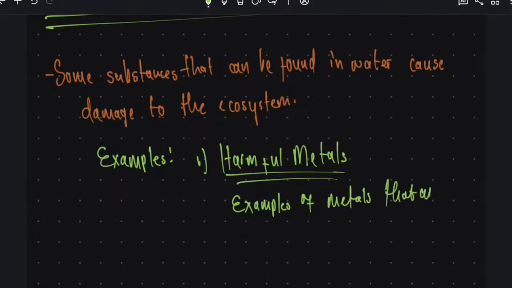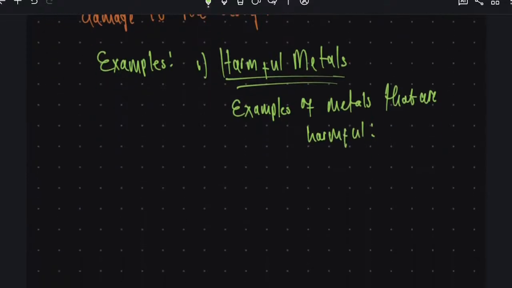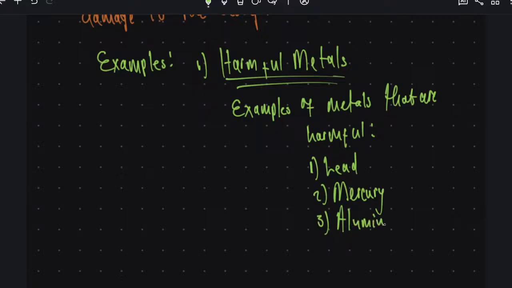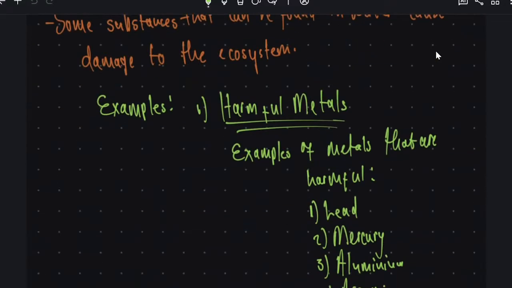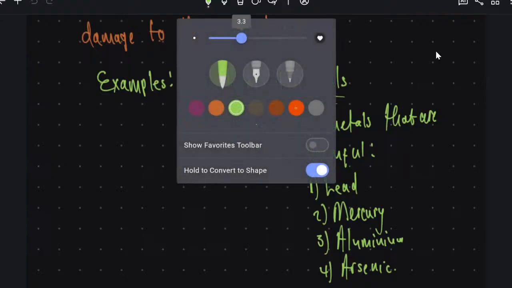One, lead. Two, mercury. Three, aluminium. Four, arsenic. All these are harmful metals that can be found in water. All these are harmful metal ions that can be found in water.